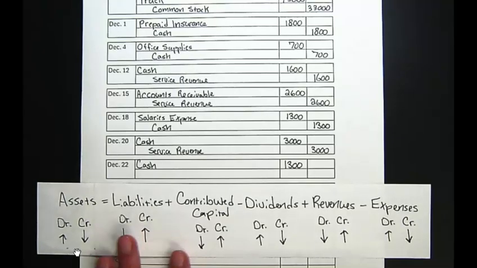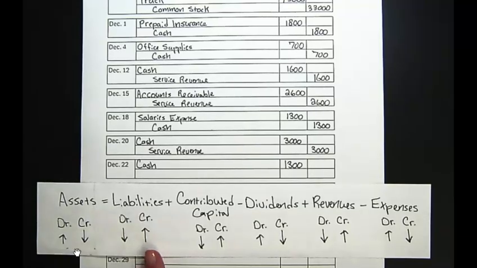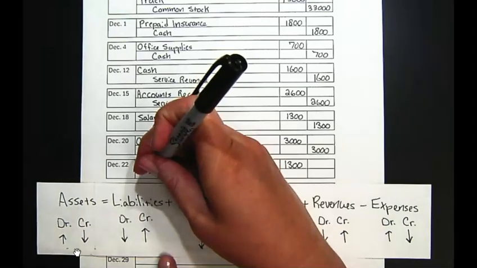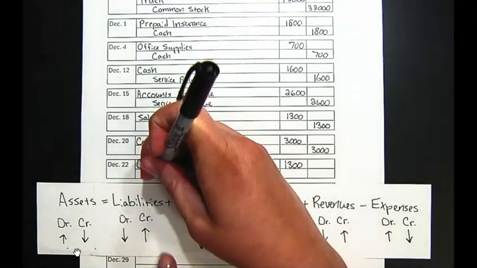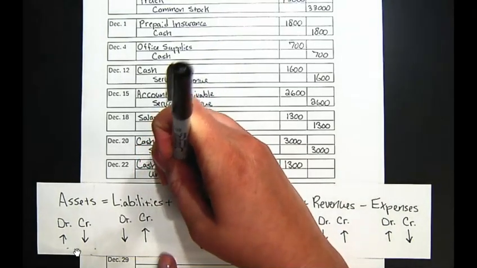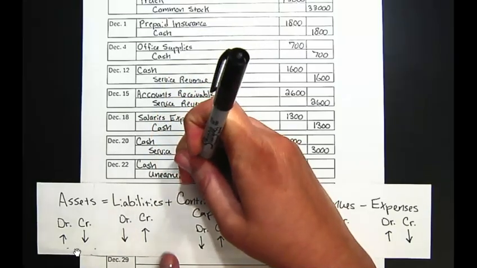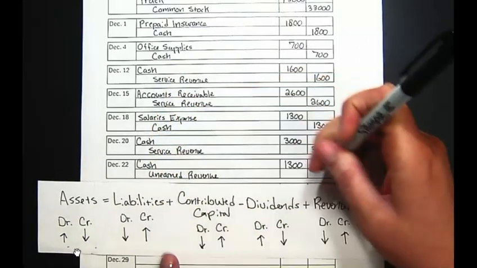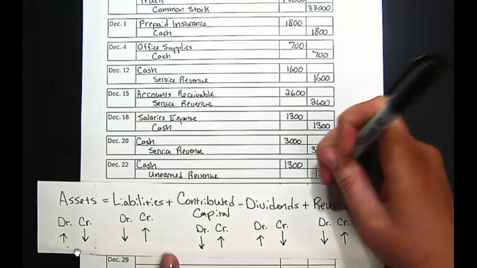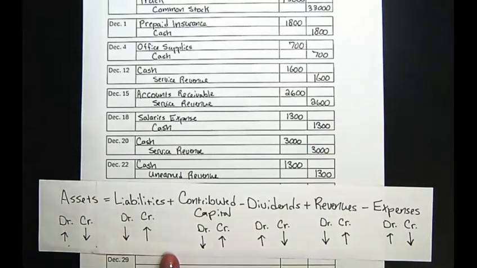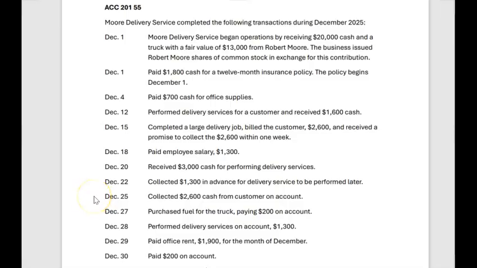What we have is a liability. We record an increase in liabilities with a credit. That type of liability is called an unearned revenue. And we're in balance.